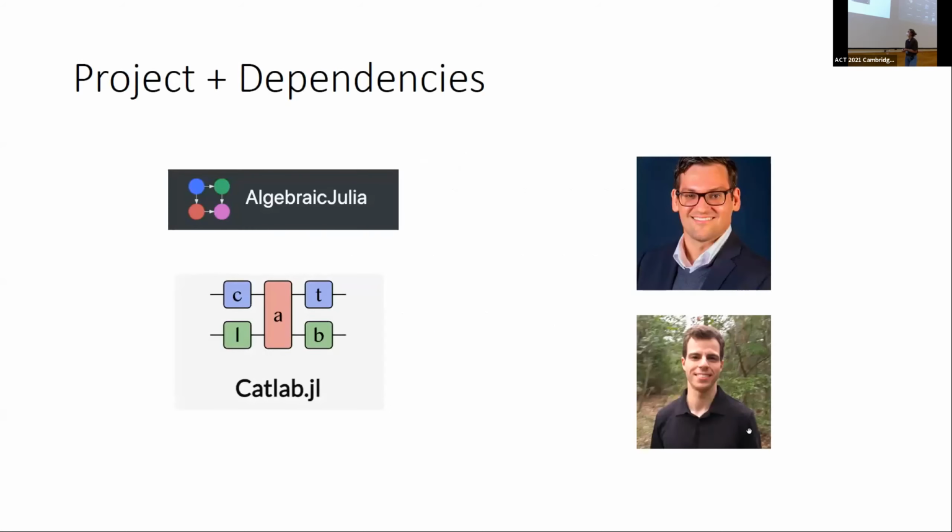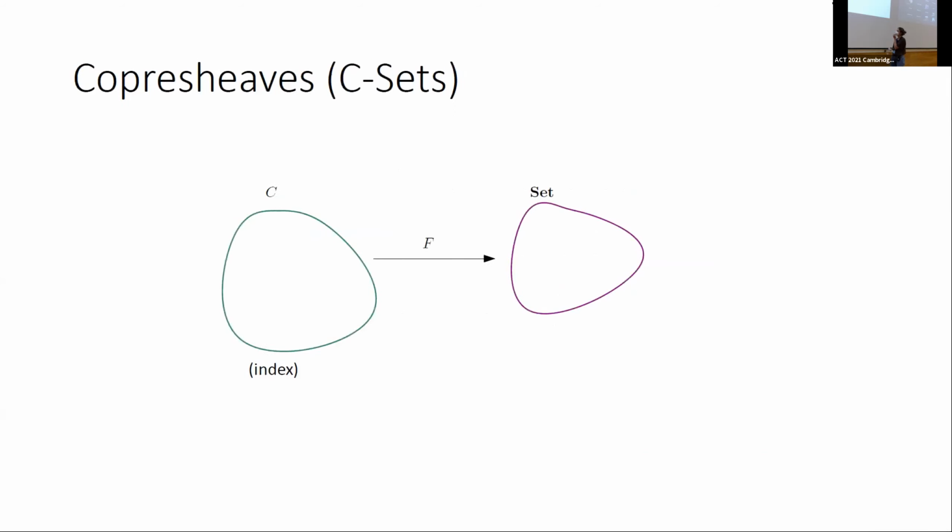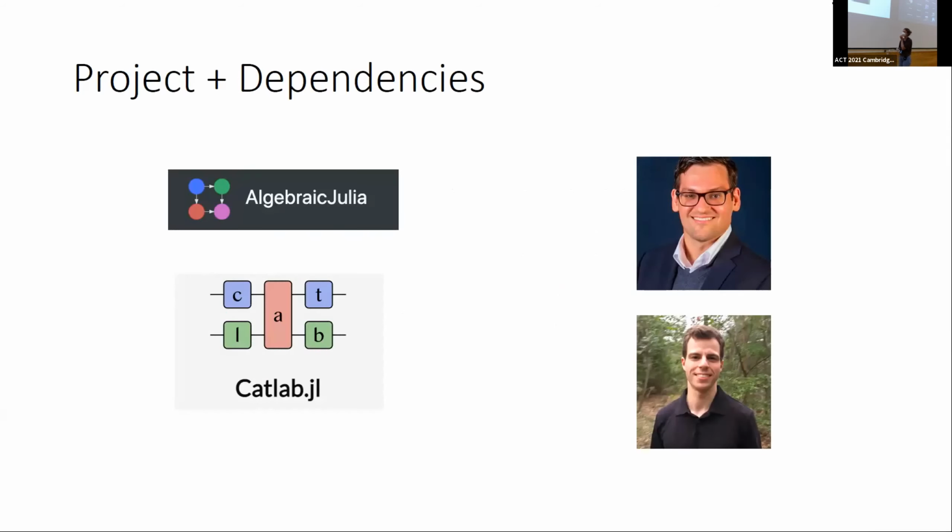Before I get into the main project, as part of this project, Algebraic Julia, and specifically the package CatLab, gives a way to implement C-sets in Julia. Evan and James are working on this, and you can look at the GitHub.